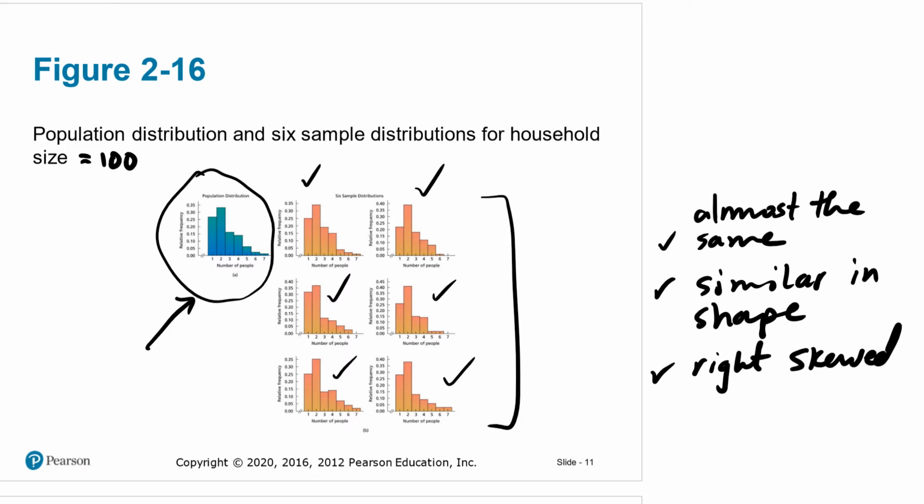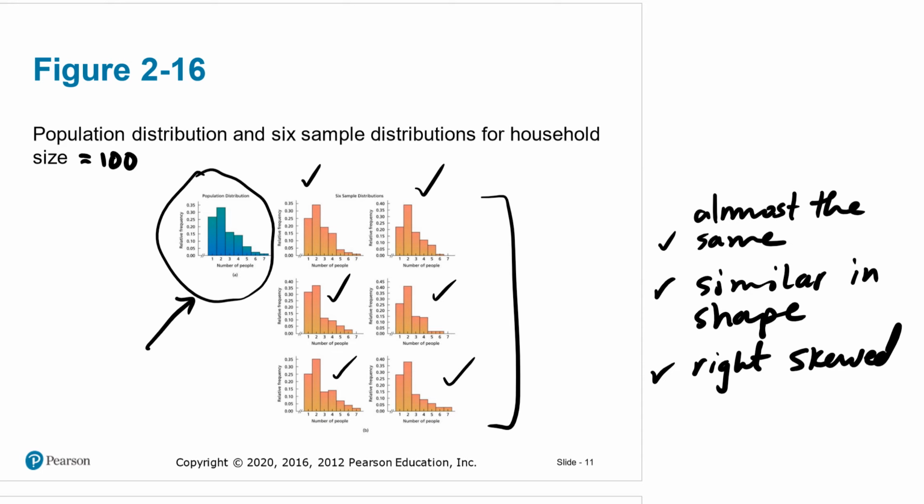But what happens is they collected samples of 100. If we collect a sample of 200 or 300 or 500, the estimation that we're getting, or the shape, will be really much closer to the actual population. In other words, as we increase the sample size, the distribution will get closer and closer to the actual population.